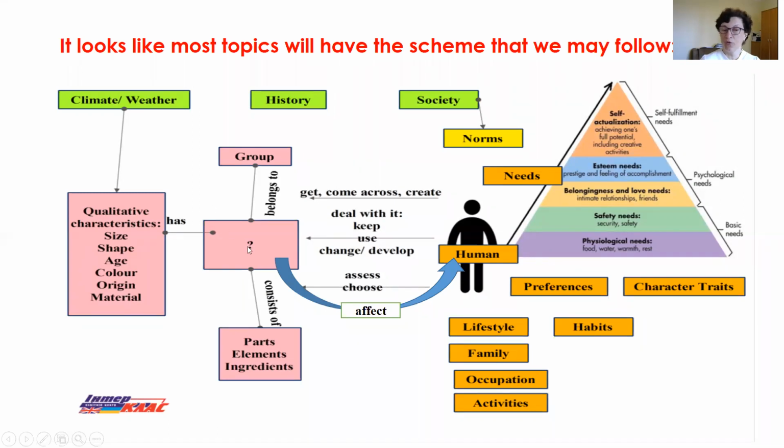If we talk about hobbies, we can talk about different kinds of hobbies. Hobbies belong to a certain group, like leisure time activities. We can use the characteristics, and very often these characteristics are affected by climate and weather. And this is the object or an abstract thing.